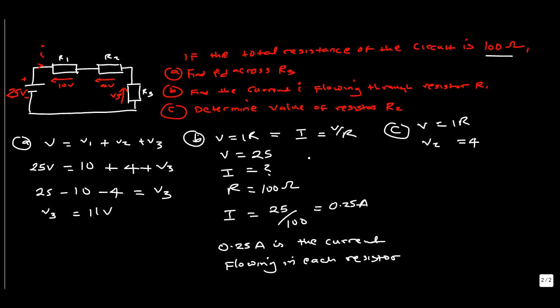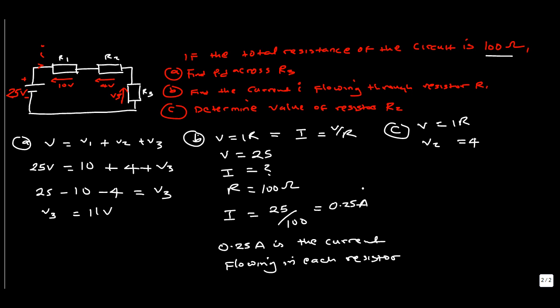And we do know the current flowing through this resistor as well, because we've worked out the current flowing across the series circuit. So the current flowing through R2 is the same as the current flowing through R1, the same as the current flowing through R3, and the same as the total current.